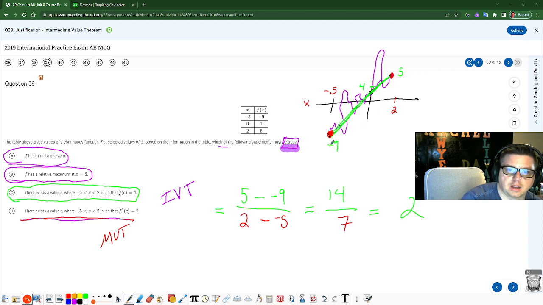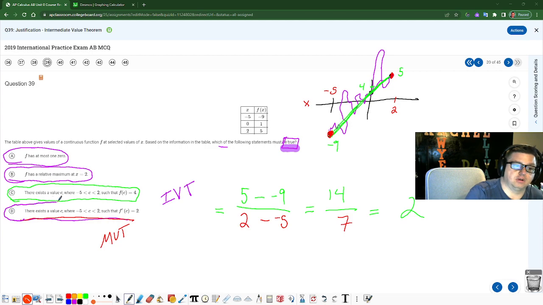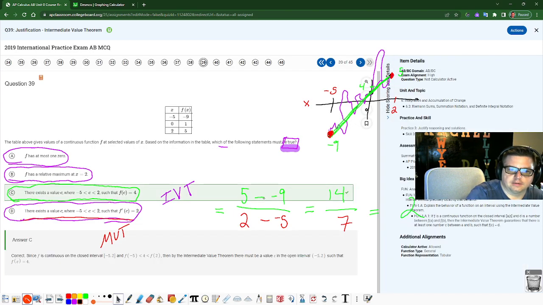There's got to be some time where you go through 4. And then when we look at between -5 and 2 again, at some point the instantaneous slope will have to match the average slope. I actually think it's both of them. The computer's going to have to prove me wrong, but I actually believe both of these are right. There's probably something I'm forgetting about this, but I don't know.